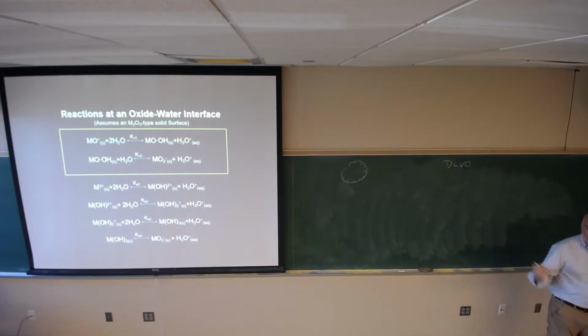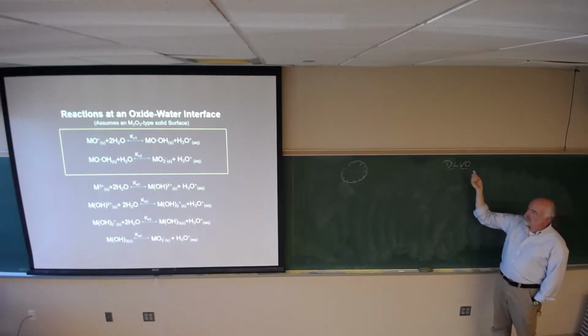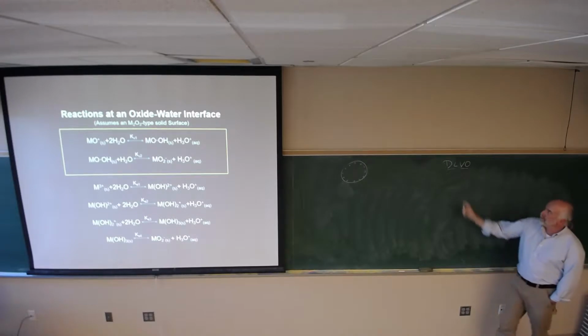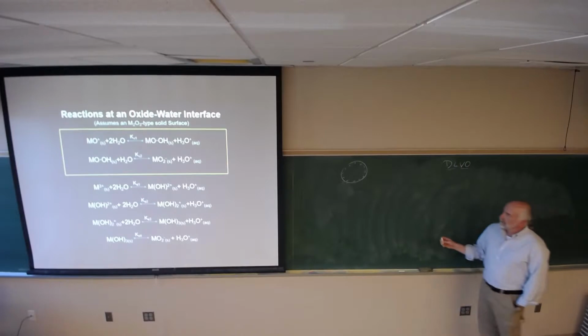DLVO: Derjaguin, Landau, Verwey, and Overbeek. Two groups of scientists in two locations at the same time came up with the same idea. The first two were Russian, the second two were Dutch. Turns out the Dutch have a real interest in water. If you're familiar with the Netherlands, there's a good reason for that. So they figured out the potential at the particle surface and how that decays out into the bulk solution.